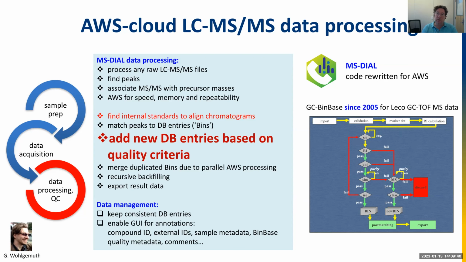So 20 years ago, we started making a database called GC binbase for a very specific type of data acquisition or data format. These are LECO GC time-of-flight mass spectral data, where LECO had clearly superior software for data processing.